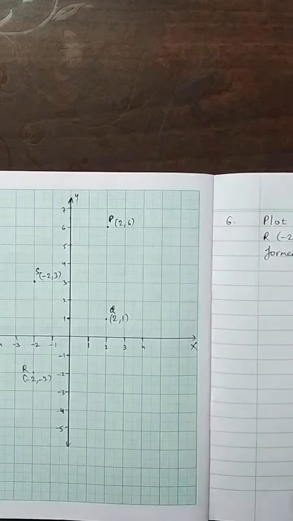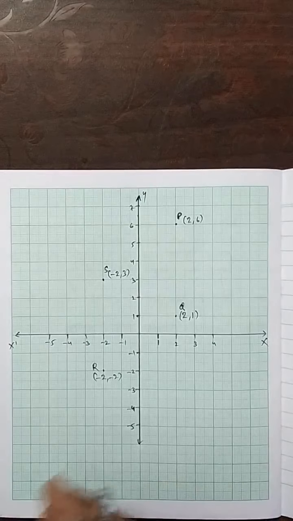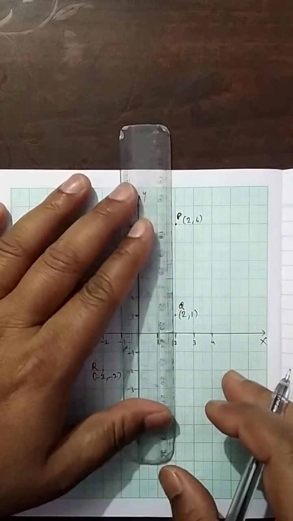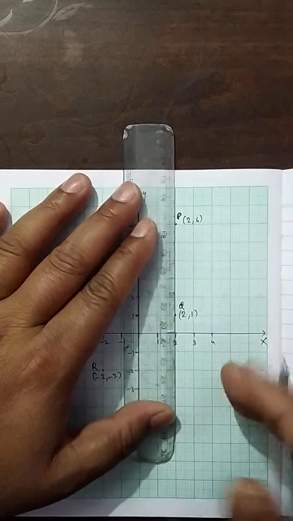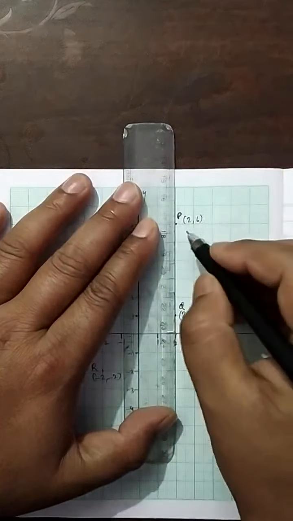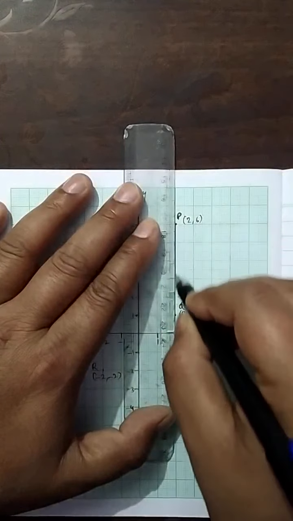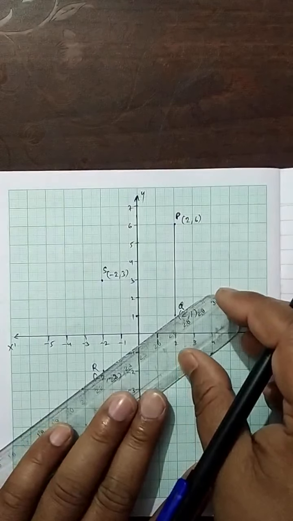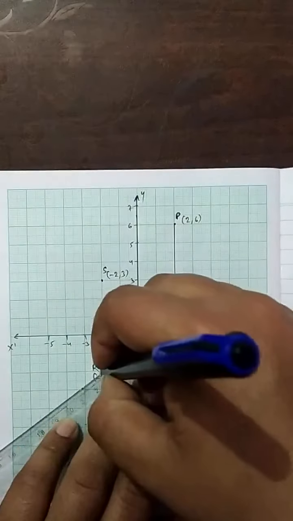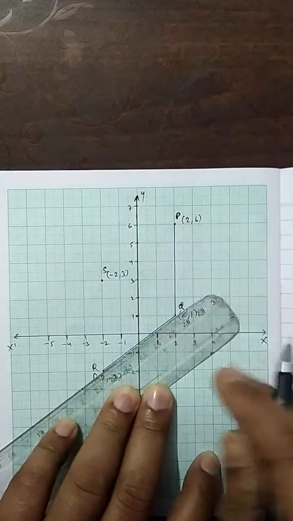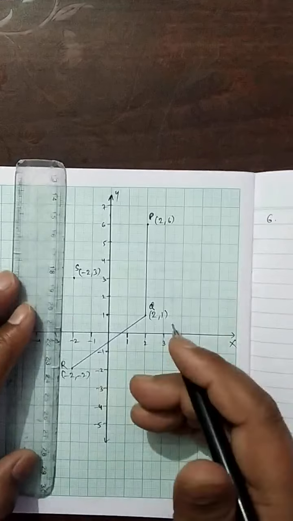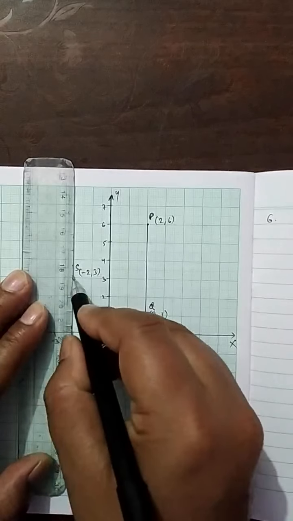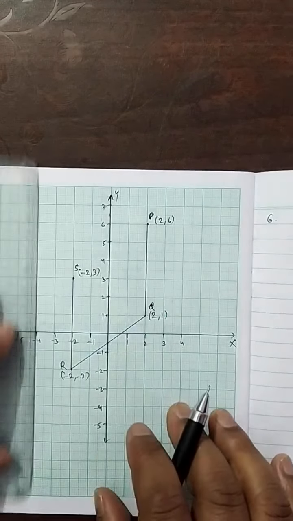So let us join these points: PQ, QR, RS, and SP.